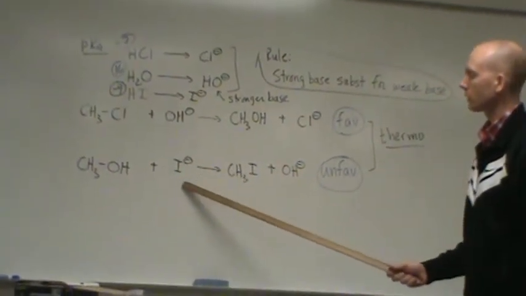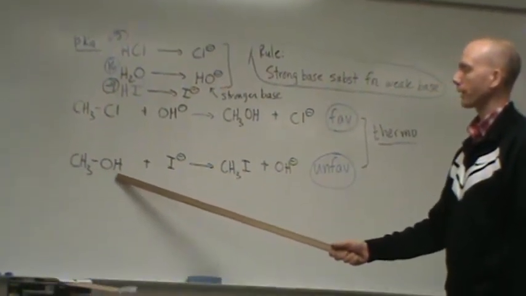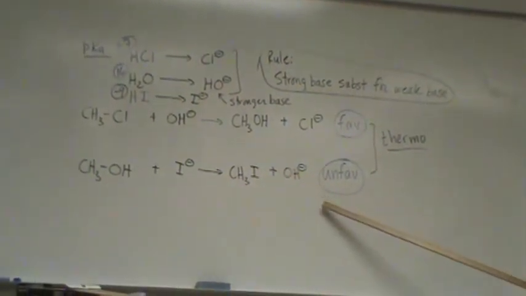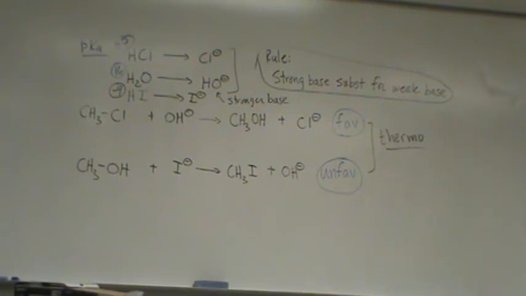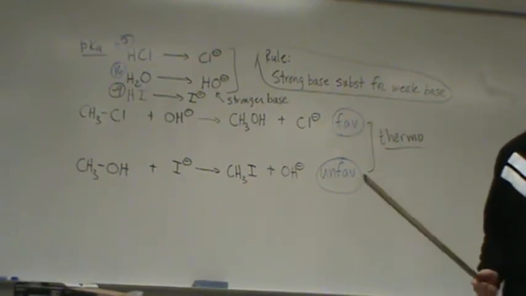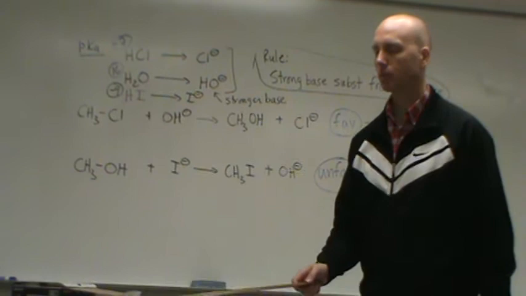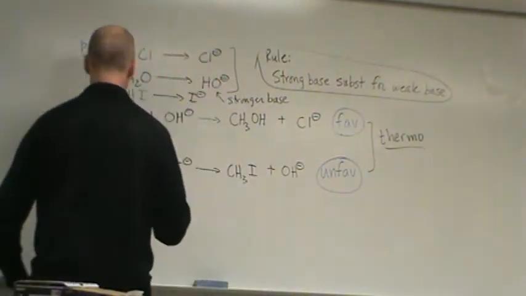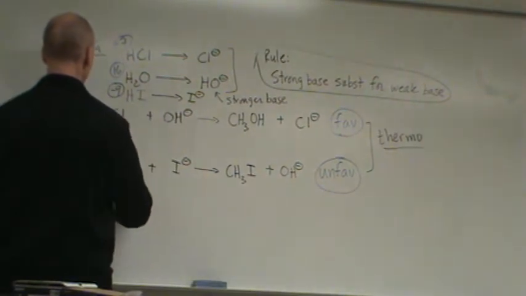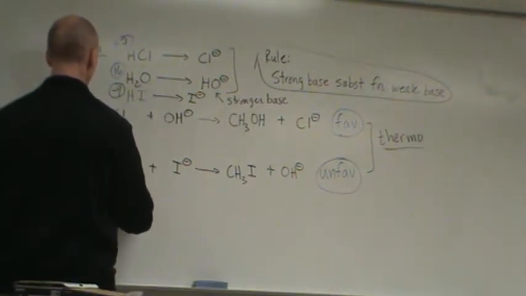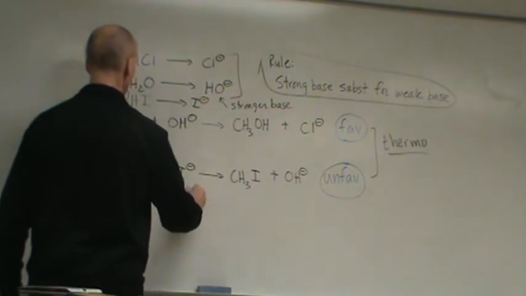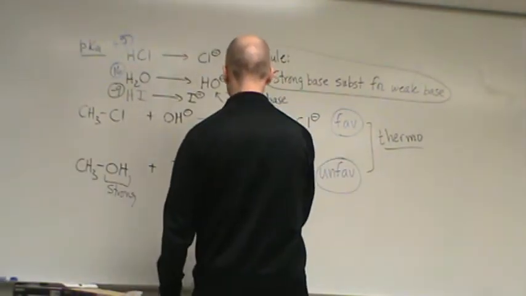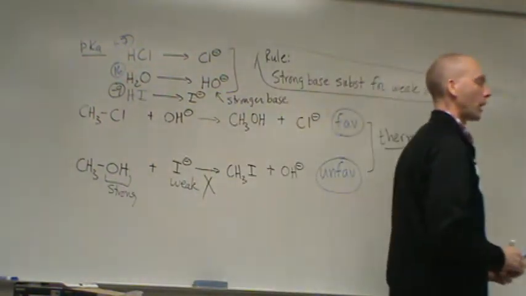It's trying to get a weak base to substitute for a strong base. That's not going to happen, so the reaction is unfavorable. Here this one is strong, this one here is weak. Can't do it. It's got to be the other way around.